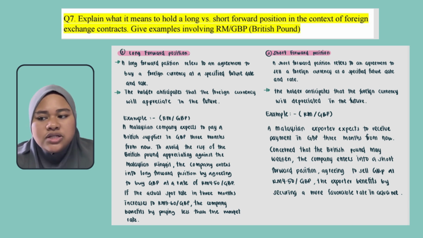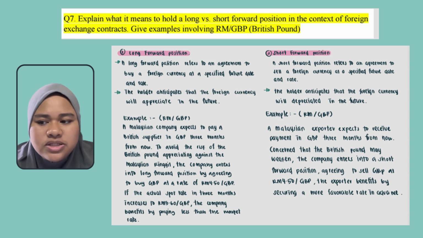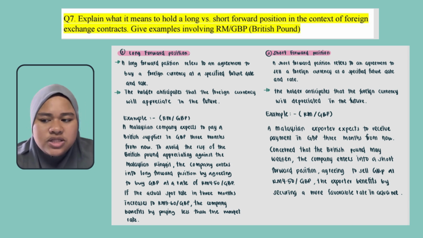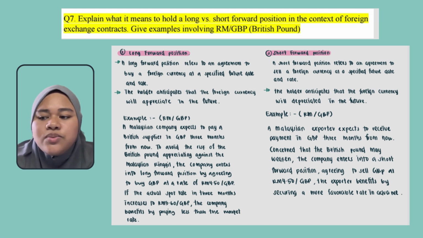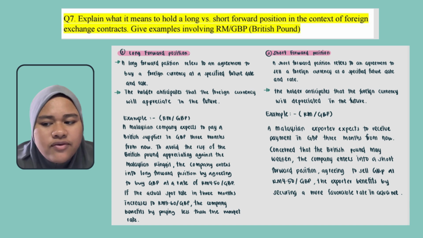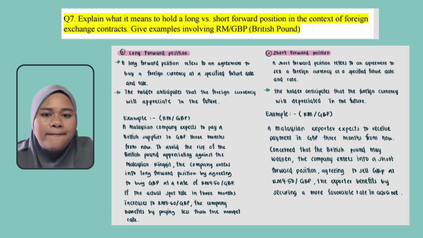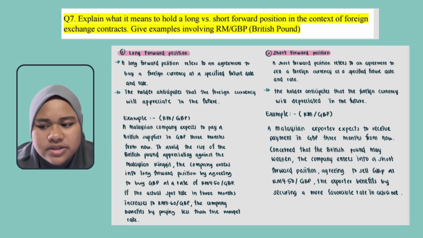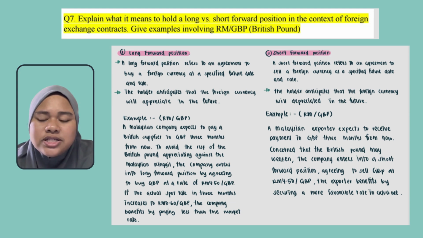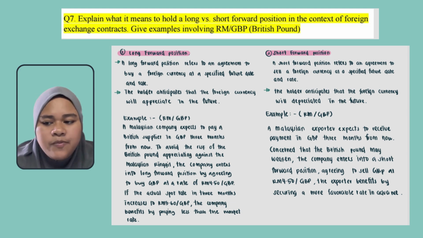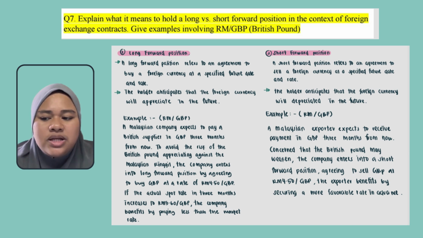To avoid the risk of the British pound appreciating against the Malaysian ringgit, the company enters into a long forward position by agreeing to buy GBP at a rate of 4 ringgit 50 cent over GBP. If the actual spot rate in 3 months increases to 5 ringgit 60 over GBP, the company benefits by paying less than the market rate.